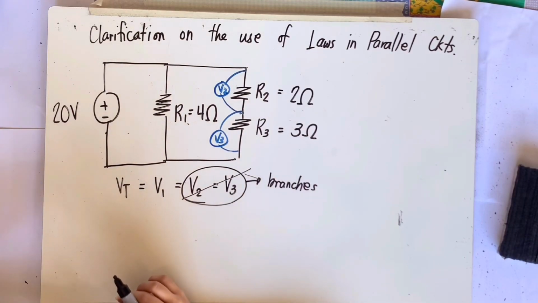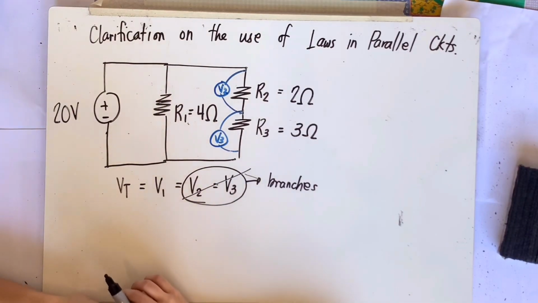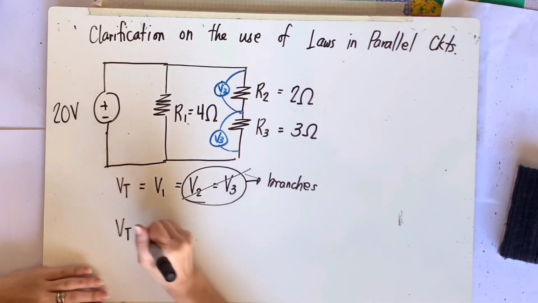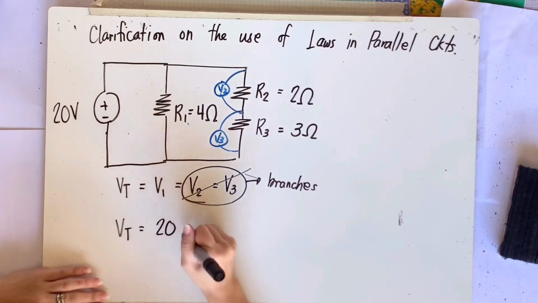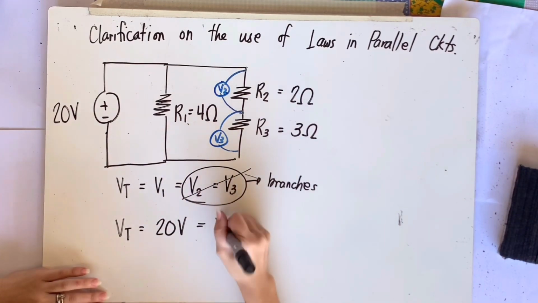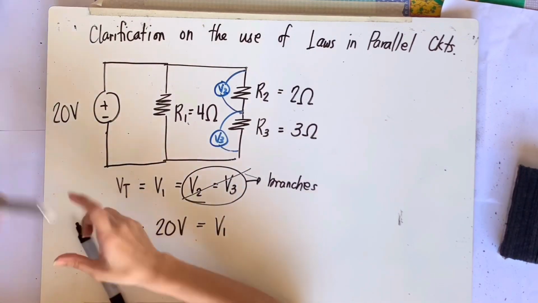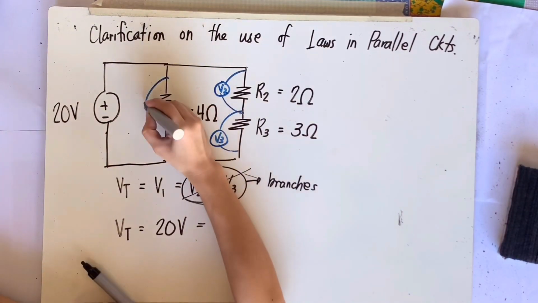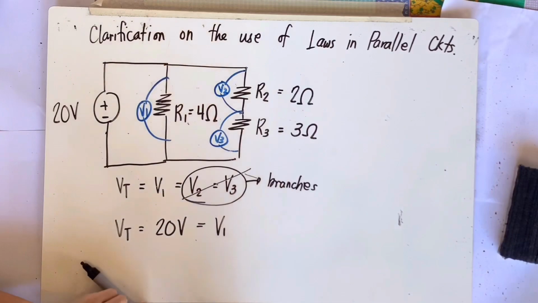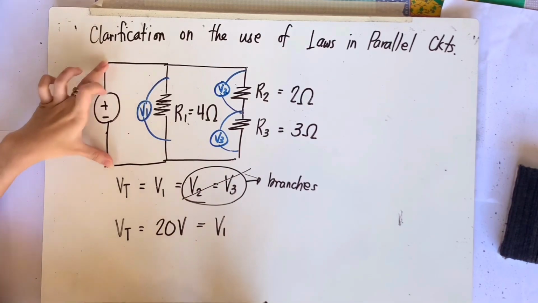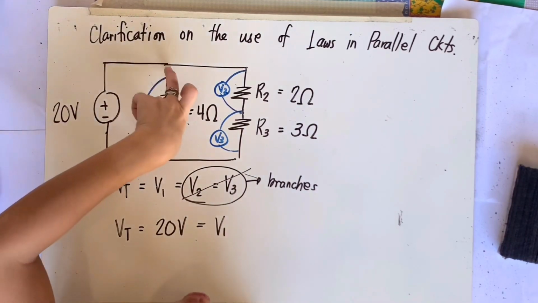Ngayon, ito po ang ibig sabihin ng circuit na meron tayo. So, it is true that we have an applied voltage VT that is 20 volts. Ngayon, itong VT po na ito, siya ay equal din kay V1. So, halimbawa, magkakabit tayo ng voltmeter across R1, di ba? Ang representation na natin doon, V1 yun. So, since yung branch kung saan nakakabit si V1 ay parallel kay 20 volts, ibig sabihin, buong 20 volt supply ang matatanggap ni R1.